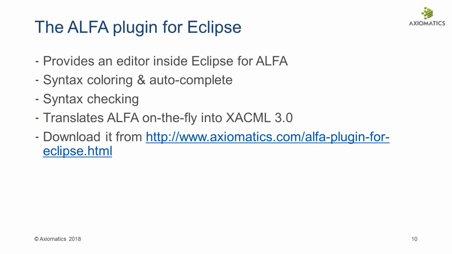But then what ends up happening when you write the ALFA code, and what the plugin does, is it performs on-the-fly compilation or conversion, translation of the ALFA code into XACML 3.0 conformant policies. And so this happens on the fly. It's not something that you have to tell the plugin to do necessarily. Cool. So we'll see that in action in a couple of minutes.